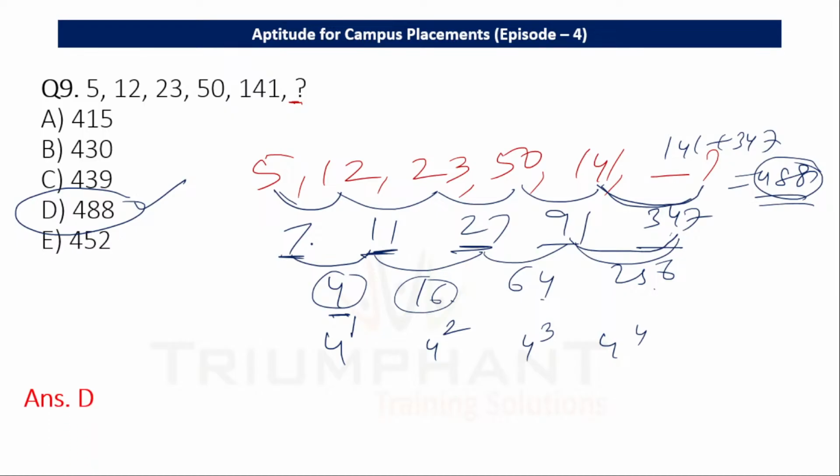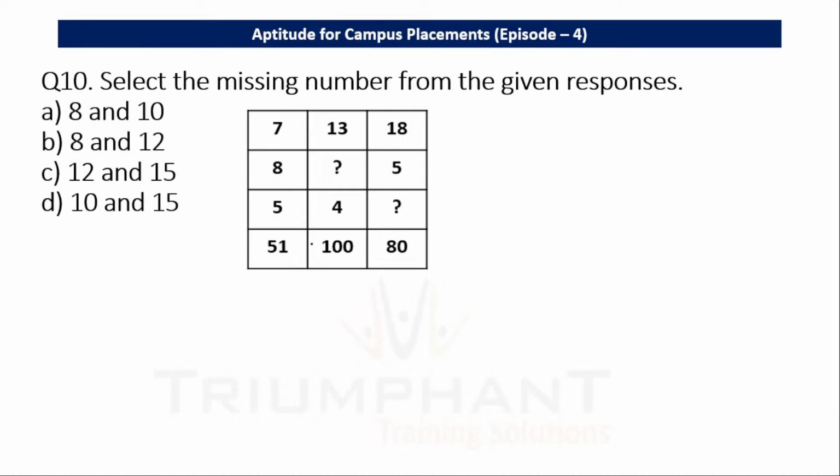Here is the next question in today's discussion, and this was also asked in the Tech Mahindra Recruitment Exam 2024. In this pattern of numbers, there are two question marks. Which numbers replace those two question marks?